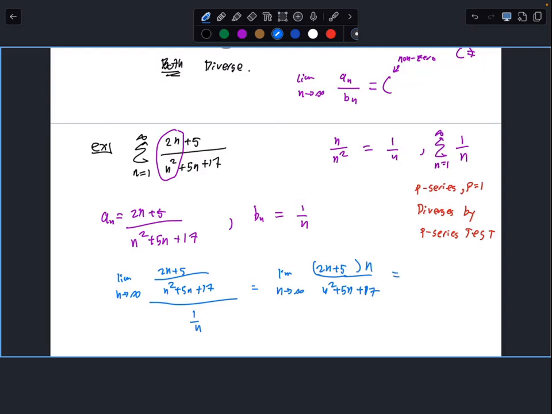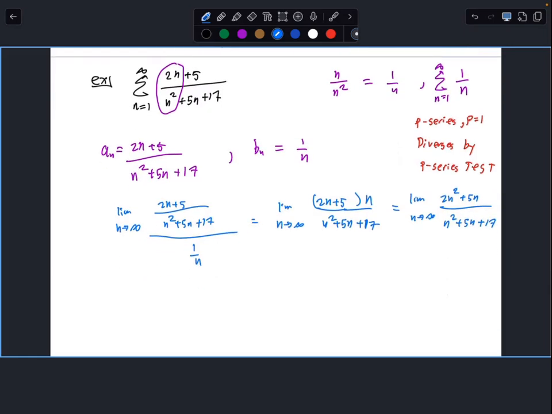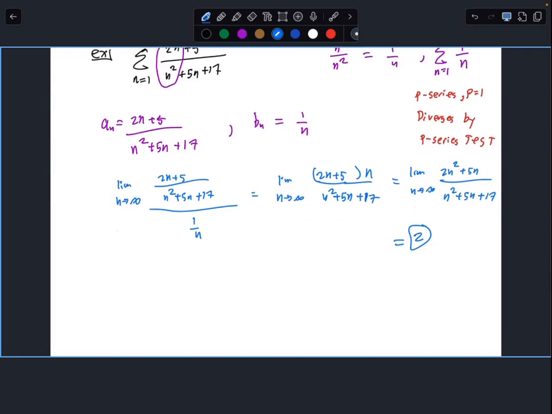You could probably see what the answer is going to be, but just in case, the limit as n approaches infinity of (2n² + 5n)/(n² + 5n + 17) is equal to 2, which is a non-zero constant.